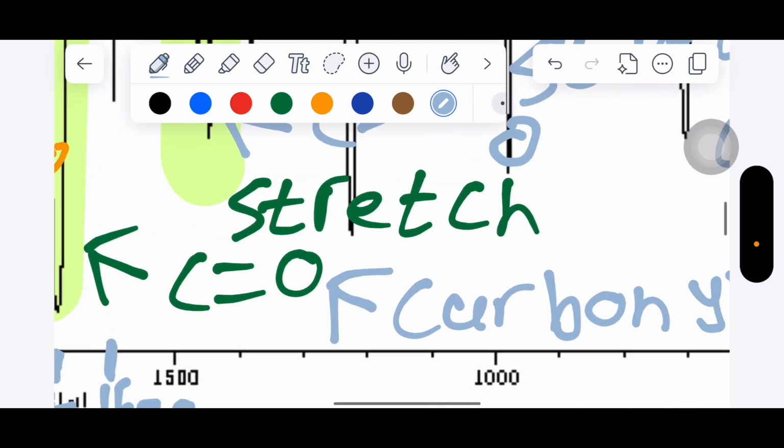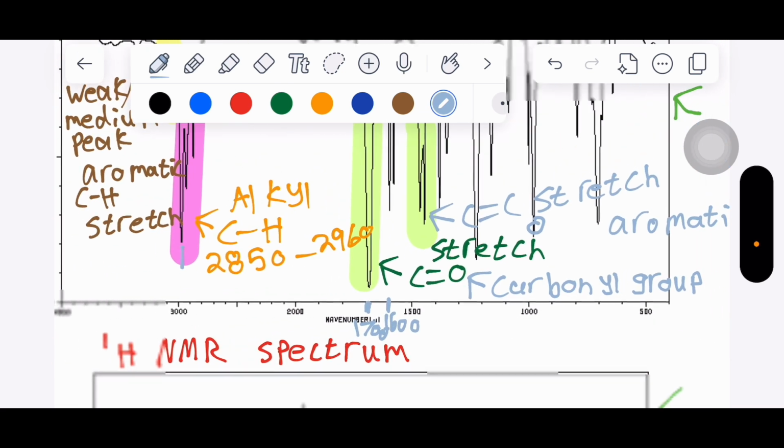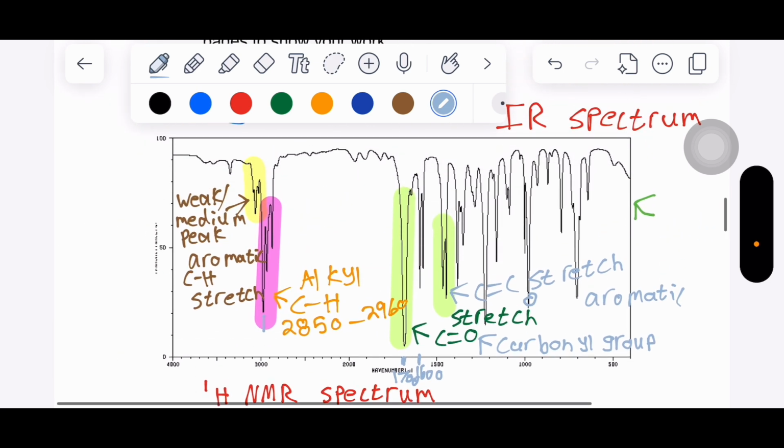Yeah, it's 700 to 900, somewhere around there. It's out of plane though, so we could move past that one. And the major thing here that I notice of this IR spectrum is that we do not have an OH stretch. We don't have a broad OH stretch around 3300.